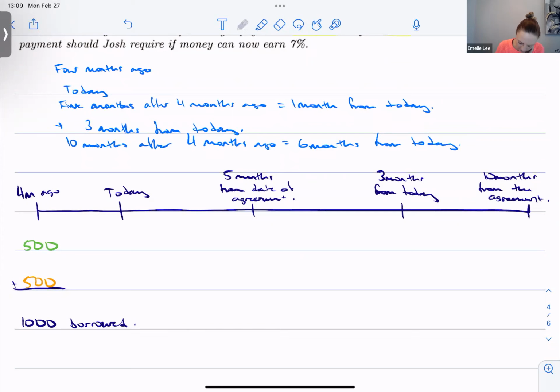It looked like, okay, this $500, I'm going to pay you back the future value of this amount 5 months from now. On this arrow, the time is 5 over 12 months.